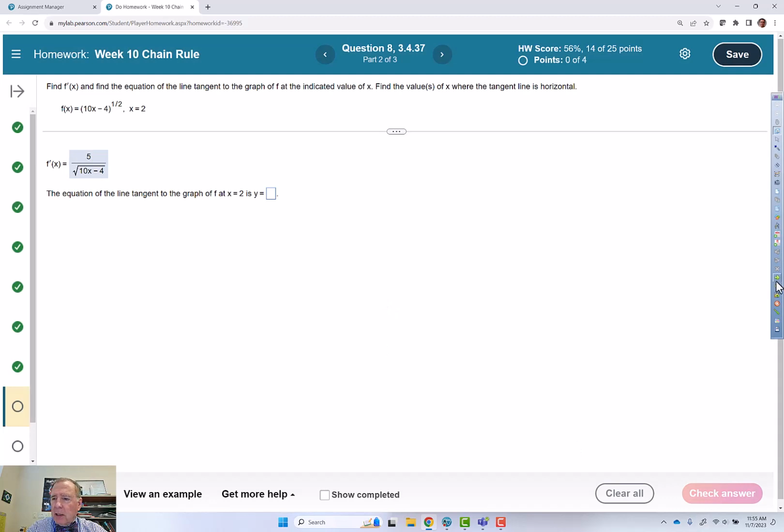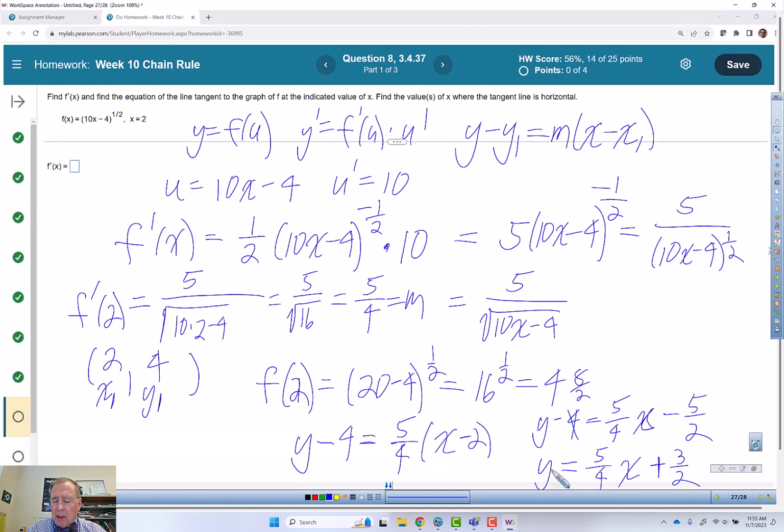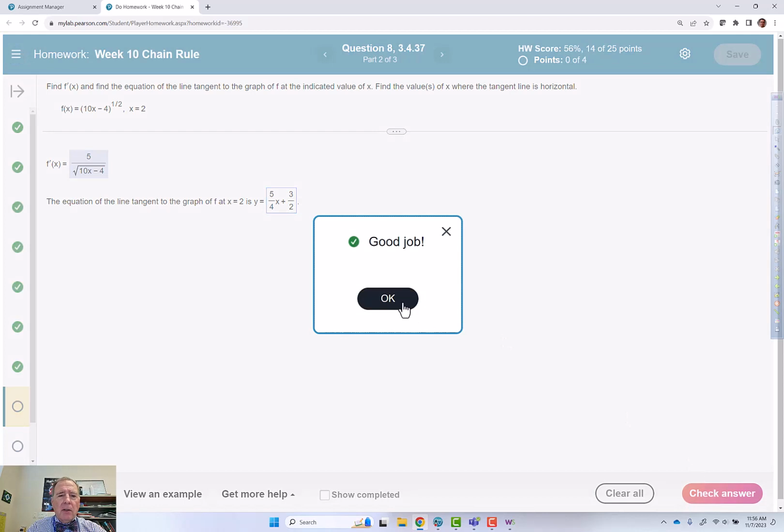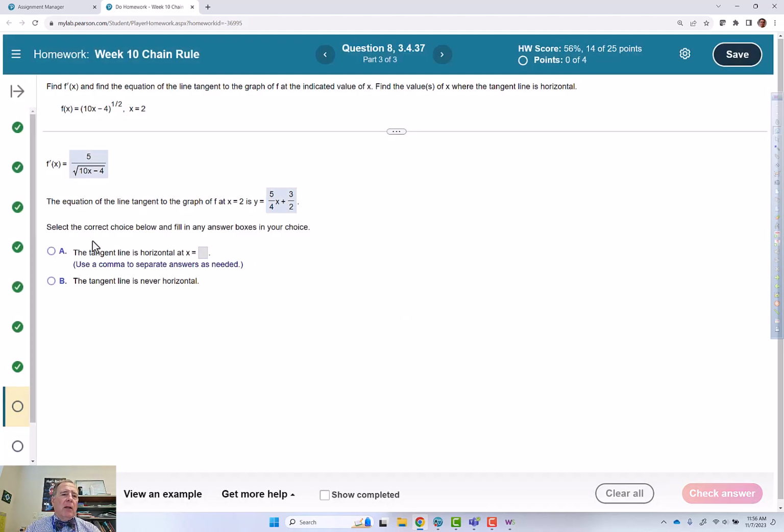And then going back and checking my tangent line, y equals 5/4 x plus 3/2. Fraction 5 over 4 times x plus fraction 3 over 2. Check answer, good job.